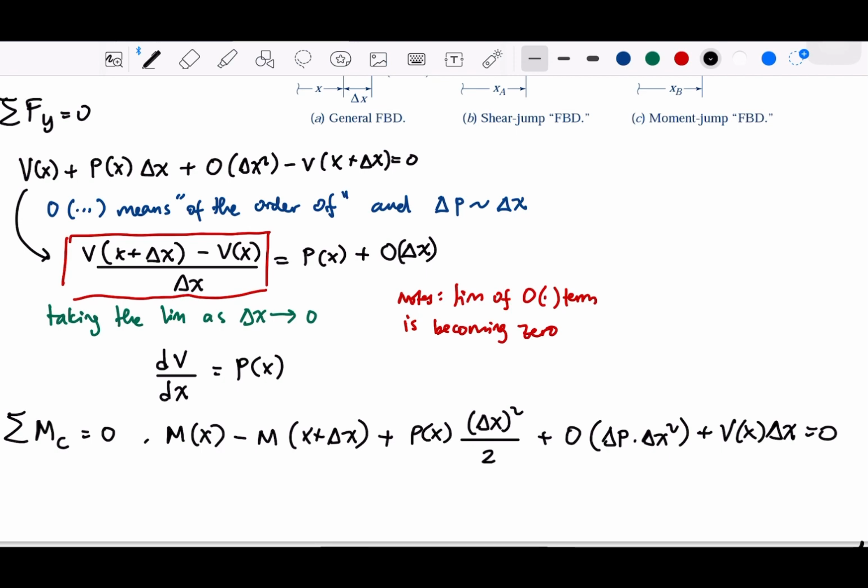So as the limit as the delta x getting 0, okay. So we take the terms, simplify, and this is going to be dM/dx is going to be equal to Vx.